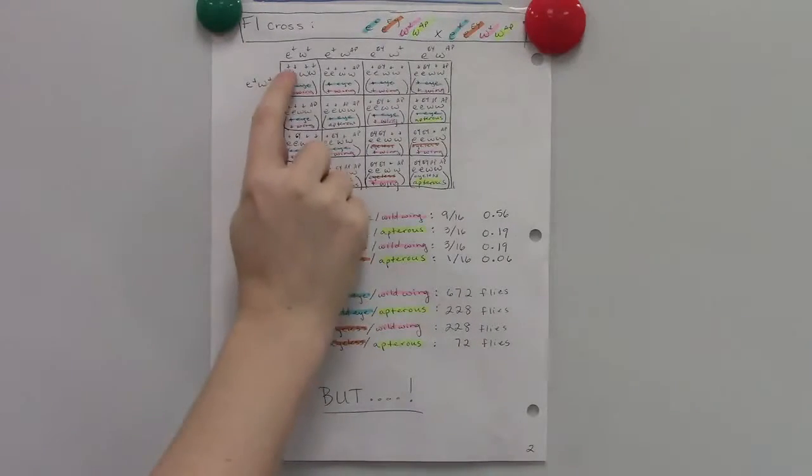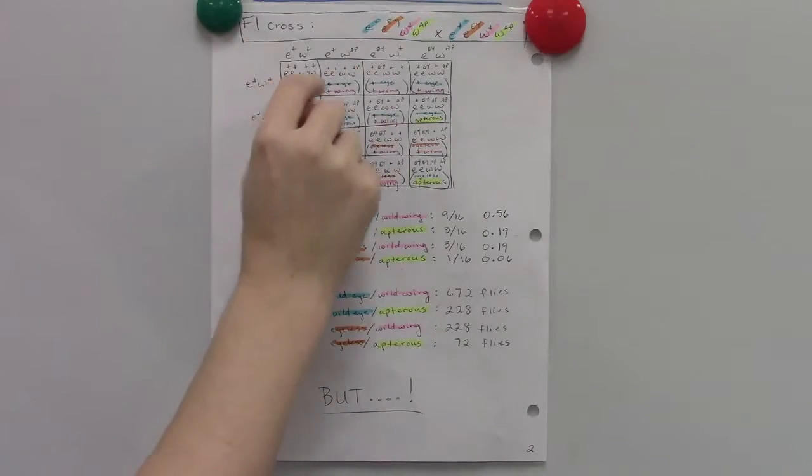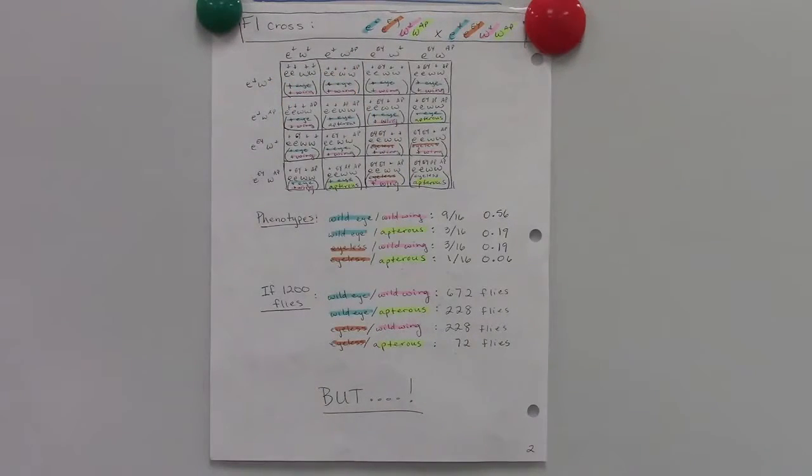Now if you notice at the top of each square, I've got the genotype, and then below in highlighted, I have the different phenotypes. So anything that's highlighted in blue is the wild eye, wild wing is in pink, eyeless is in orange, and apterous is in yellow.